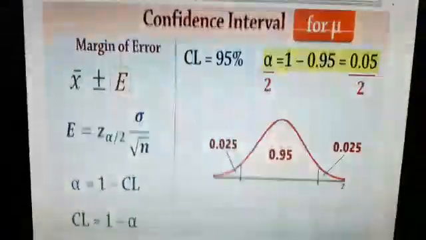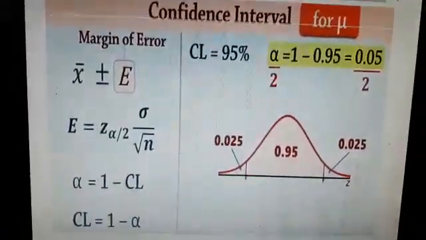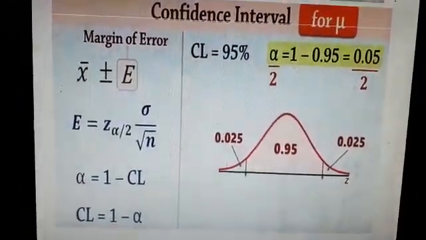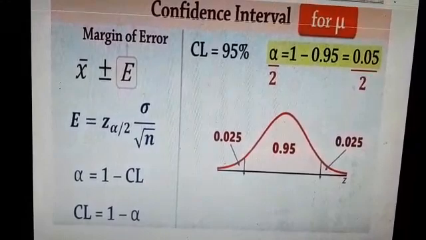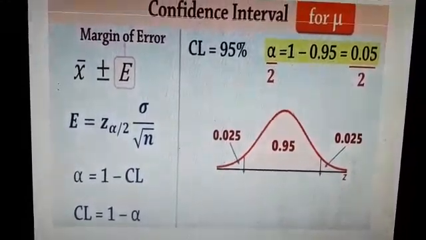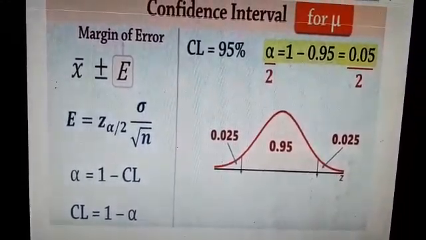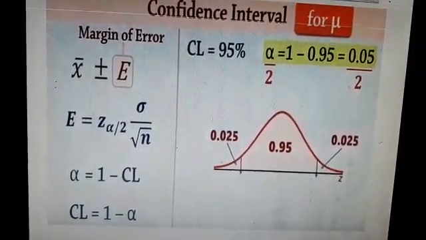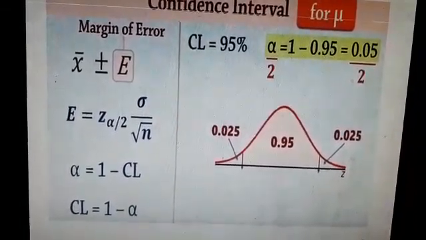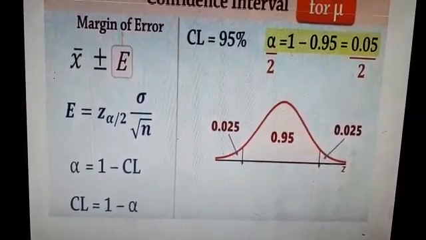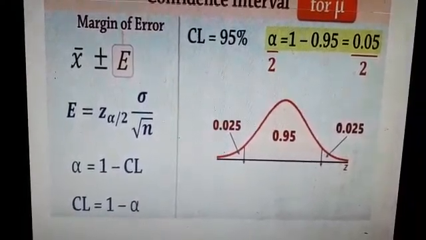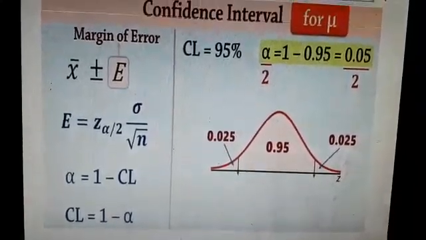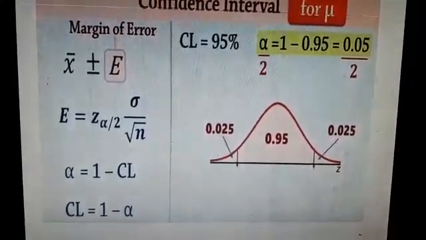So here we will calculate the confidence interval for the population mean, that is mu. The margin of error is the sample mean plus or minus E, and this margin of error is calculated as E equal to Z into standard deviation by root n. Here alpha is the type 1 error, calculated as alpha equal to 1 minus CL, or CL equal to 1 minus alpha.